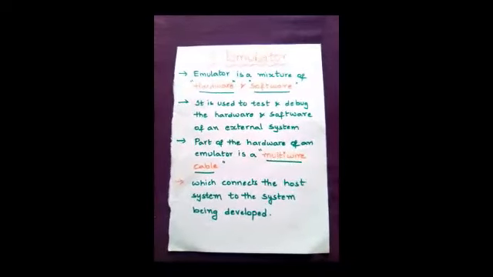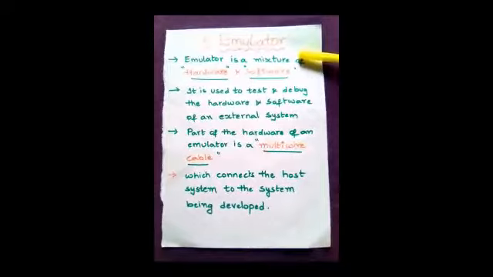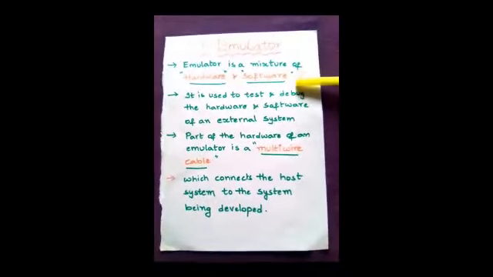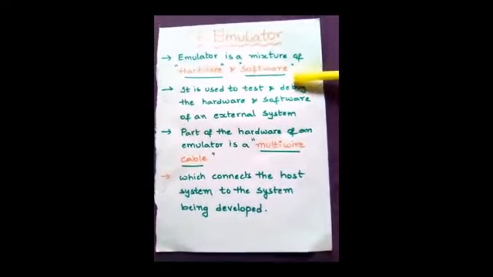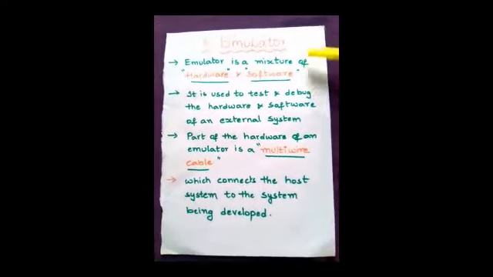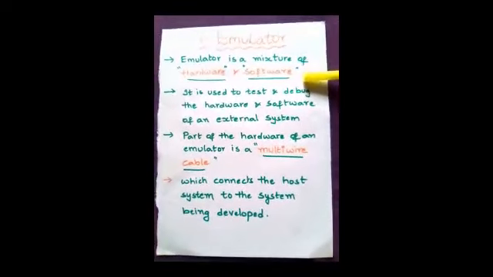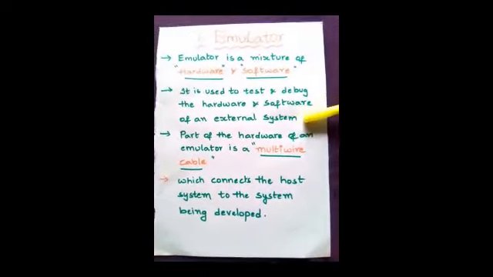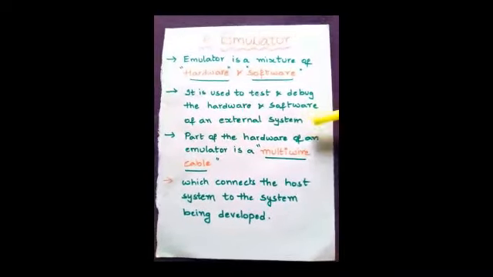Last but not the least, the last assembly language program development tool is emulator. Emulator is a mixture of hardware and software, which means an emulator has a physical entity and along with it, it also has software in it. It is used to test and debug the hardware and software of an external system.